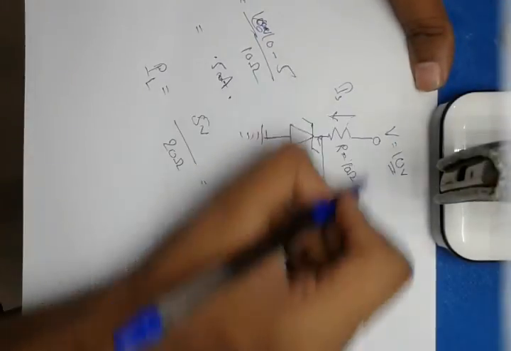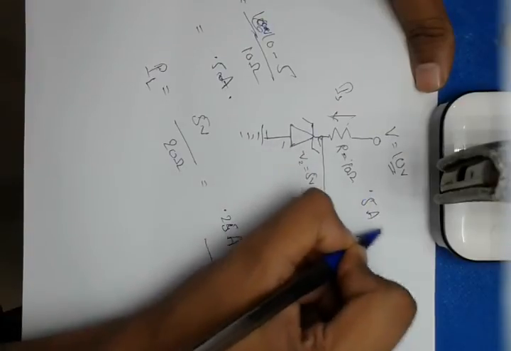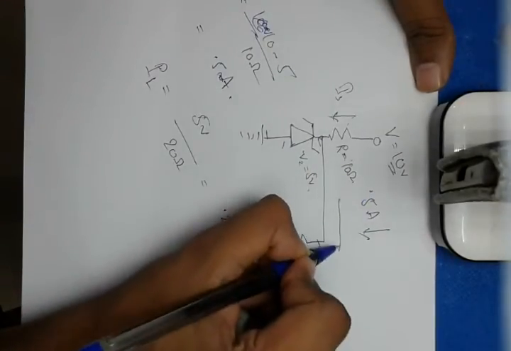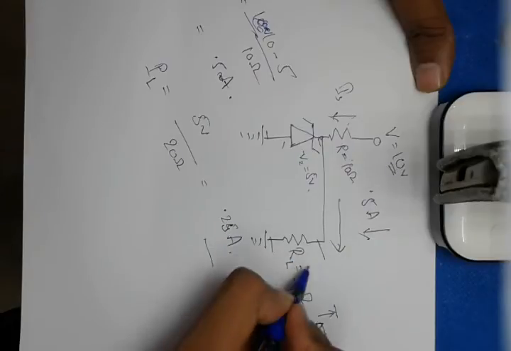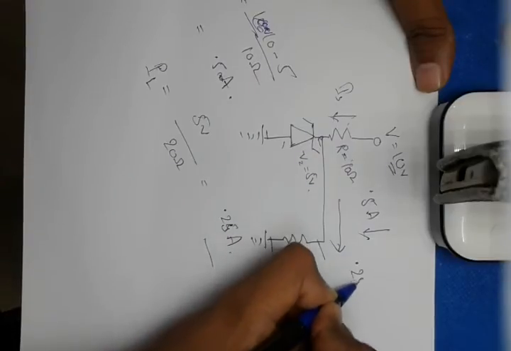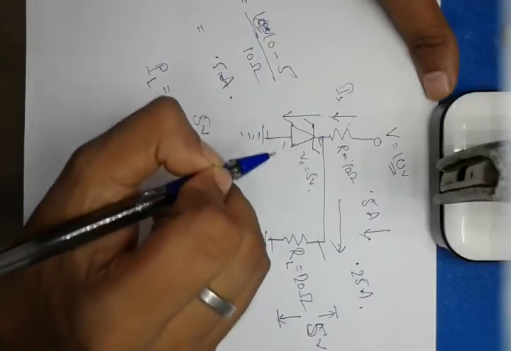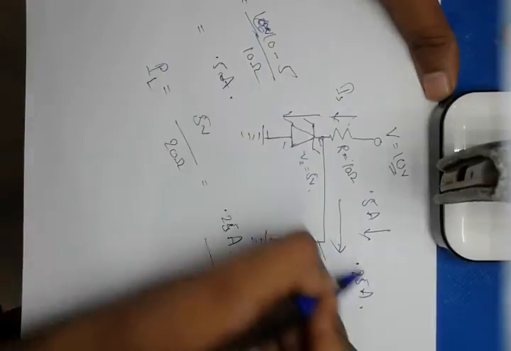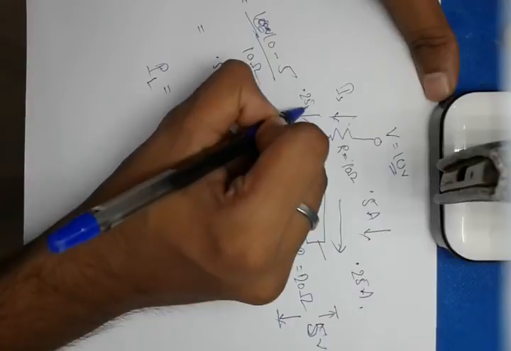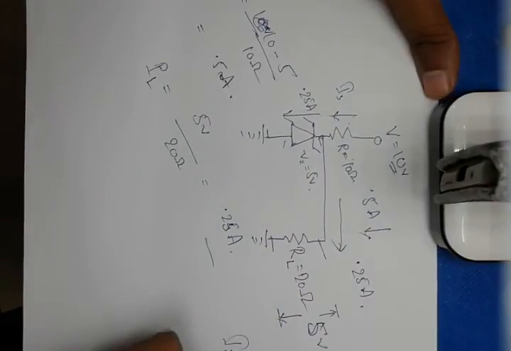So here we have 0.5 ampere coming in, and out of that we give the load 0.25 ampere. The Zener diode passes the rest of the current, so IZ will be equal to 0.25 ampere.